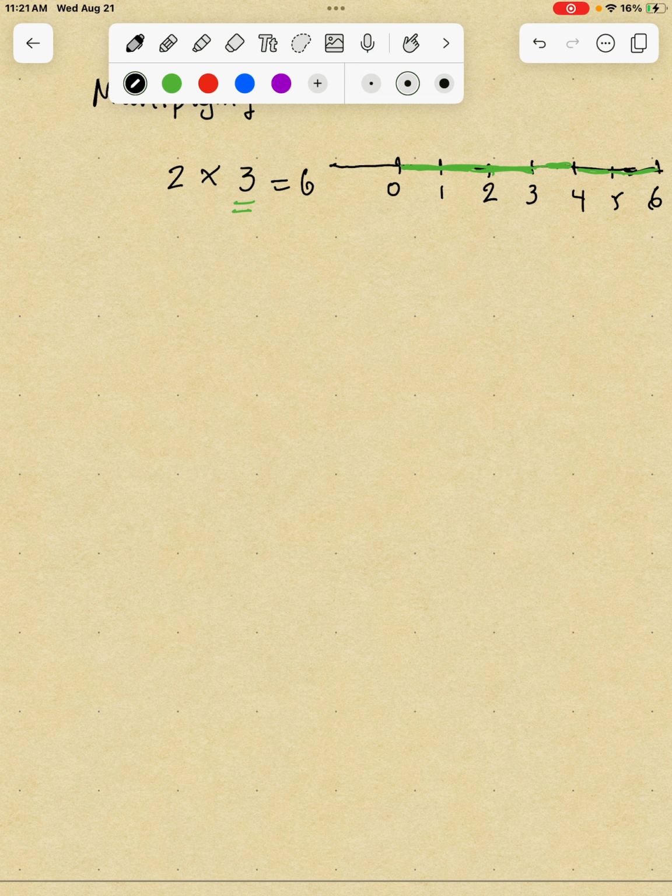Now we're going to make sense of something like 1/2 times 4. Well, here's the number line, 0, 1, 2, 3, 4. I start off with length 4. Now I'm going to define 1/2.